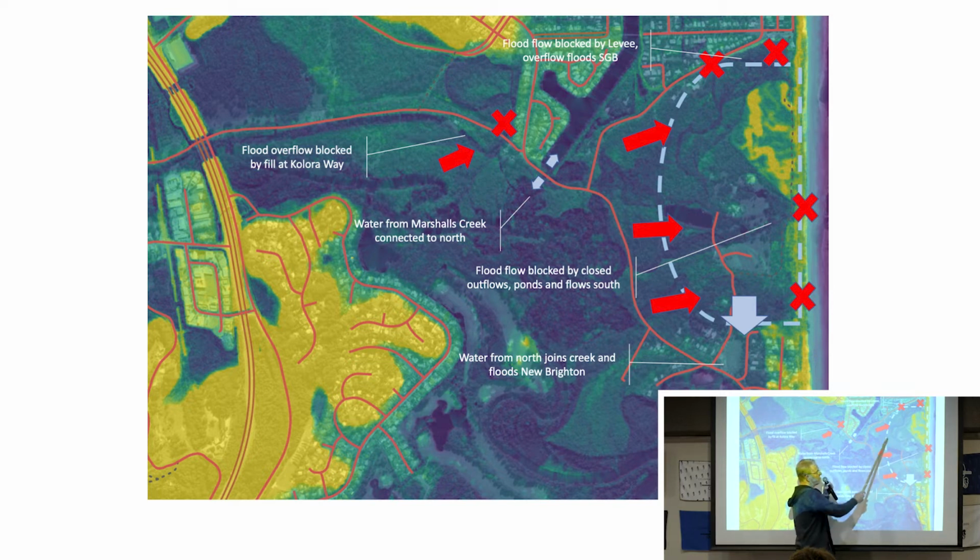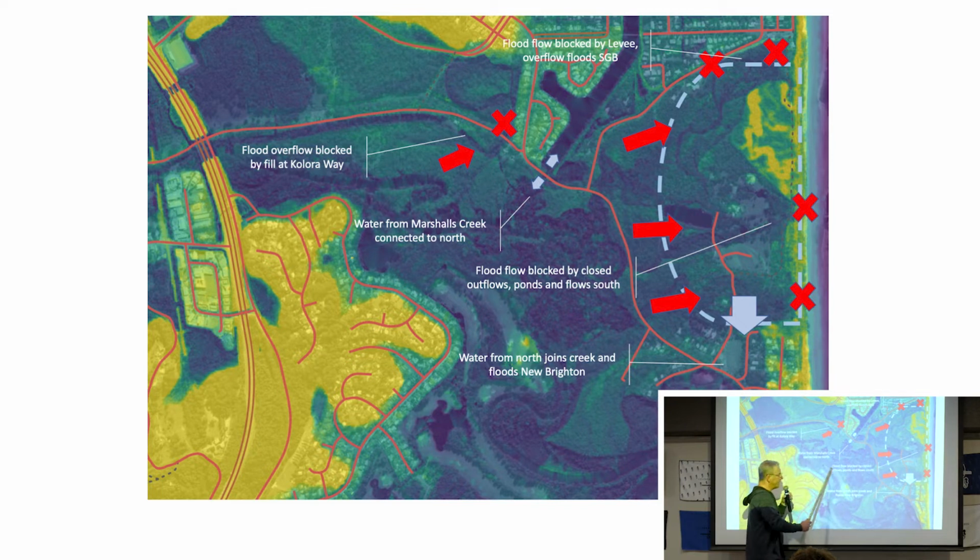So what happens is it ponds up in this area, and when it gets to a certain height, 1.97 metres above AHD, it starts coming down here. And we have the flooding in New Brighton comes from the north. You'll see, if you go there after floods, that the debris is lined up, not coming out of the creek, but coming into the creek at this location.